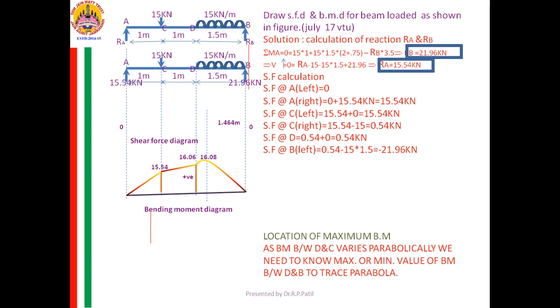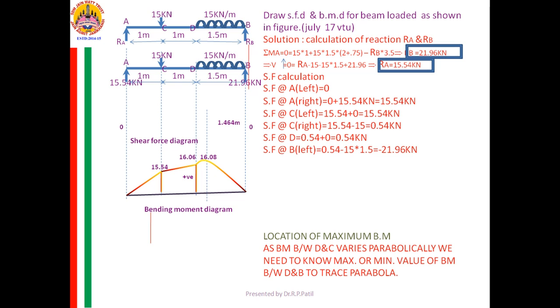It is there on the left side of my line and is carrying upward direction. Therefore, it should be plus 21.96. Therefore, final answer will be till the left minus 21.96. When I cross it, plus 21.96.